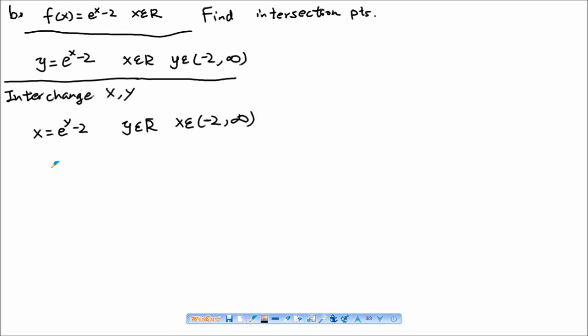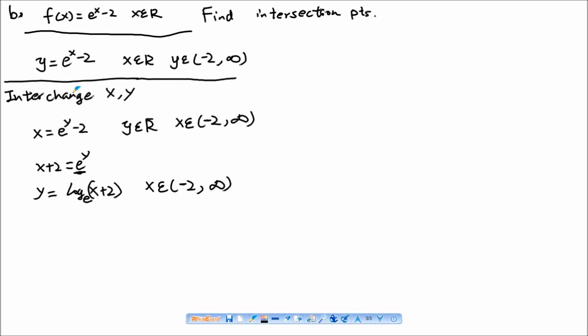Okay, now let's rearrange this formula. I can have x plus 2 equals e power of y, and y will be log base e of (x plus 2). Okay, e is the base in this case. The domain will be x belongs to (minus 2, infinity).